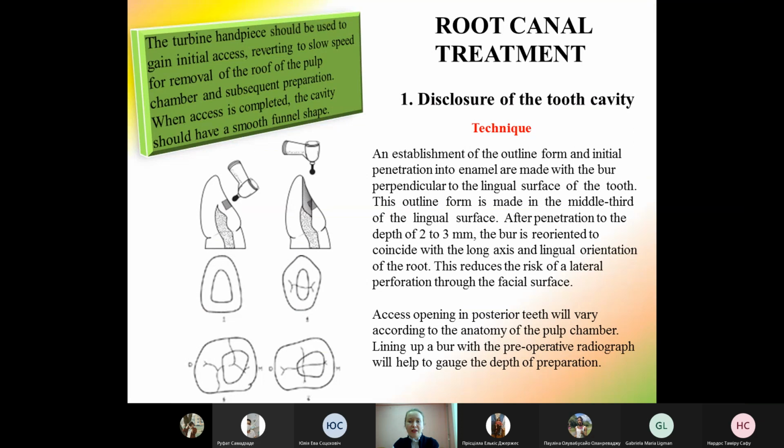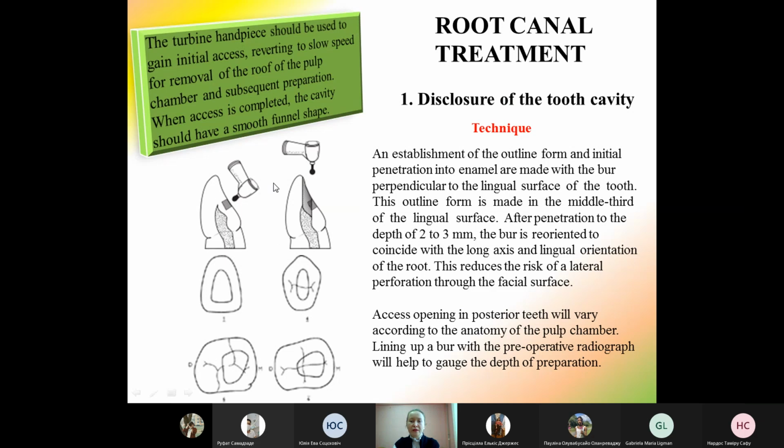Disclosure of the tooth cavity technique. First of all, it is necessary to establish an outline form, and then initial penetration into enamel should be done with a high-speed handpiece.